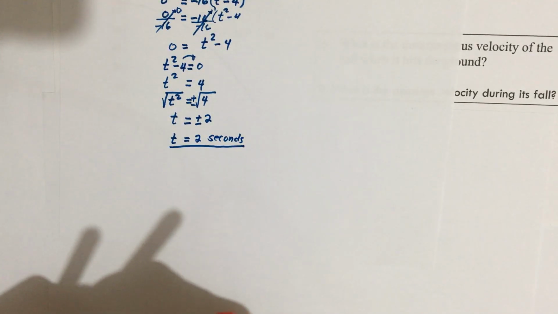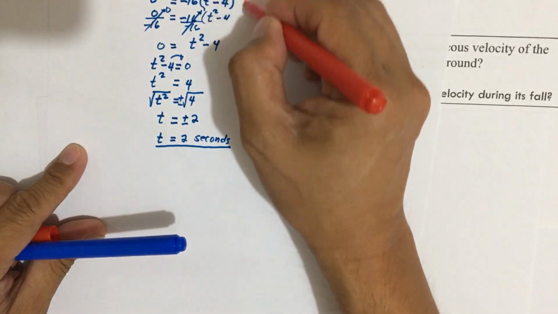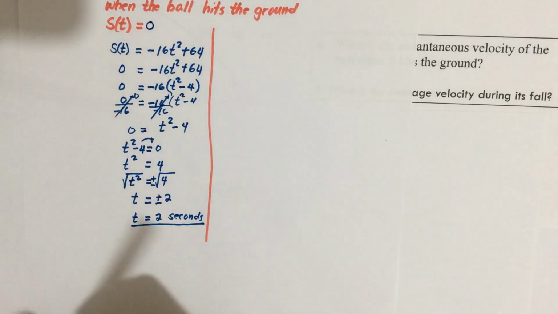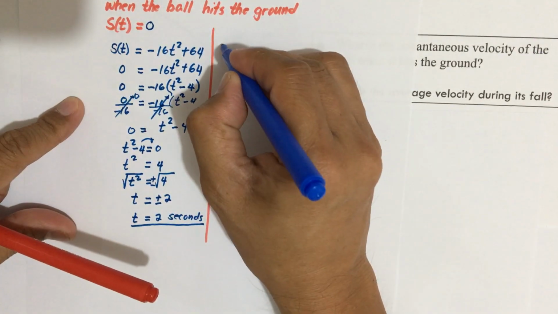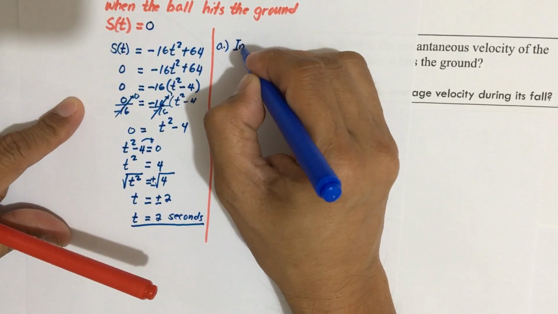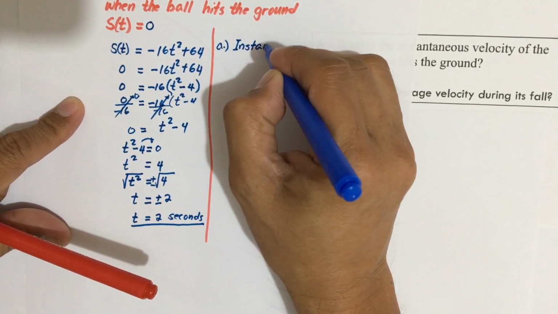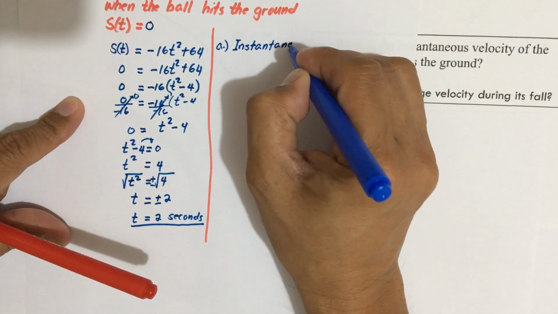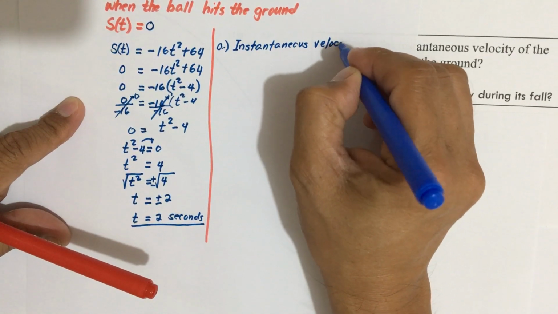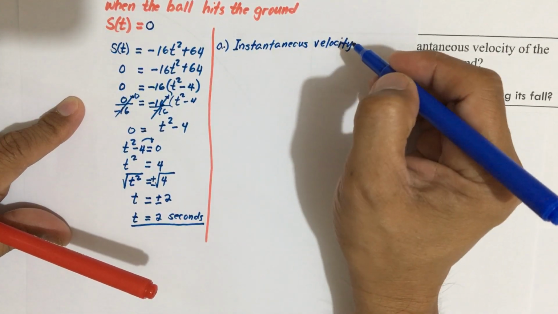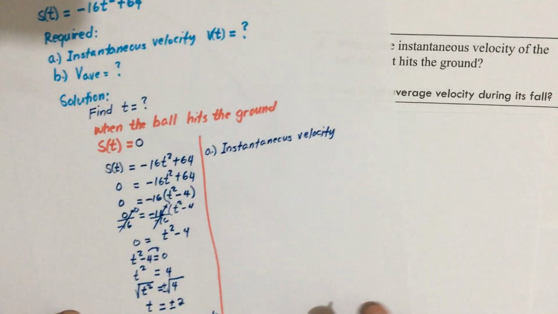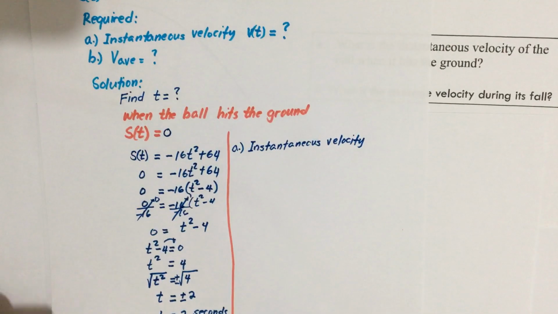For letter A, the requirement is the instantaneous velocity of the ball when it hits the ground.